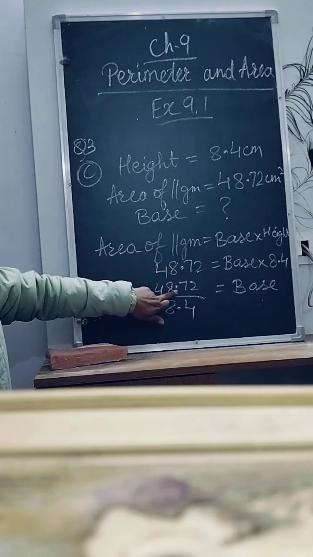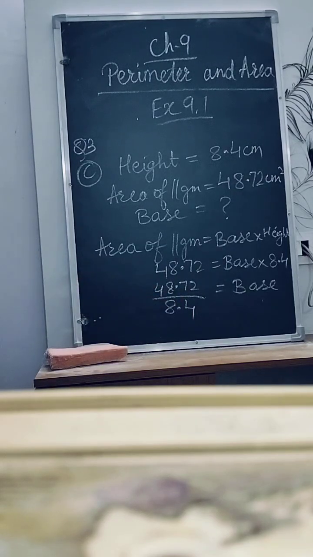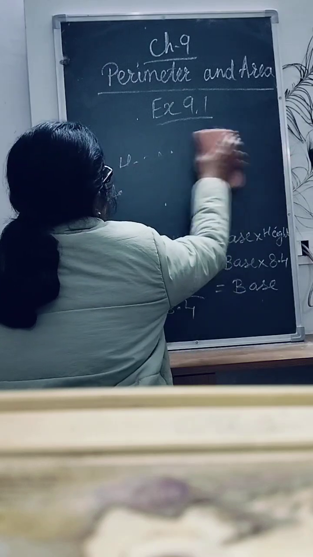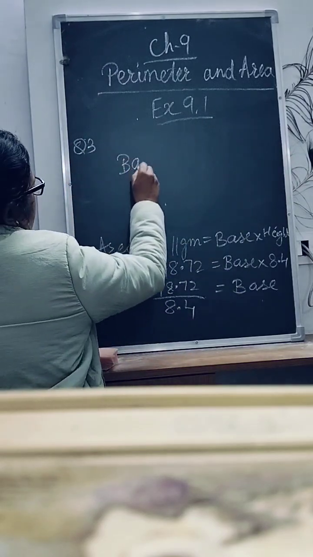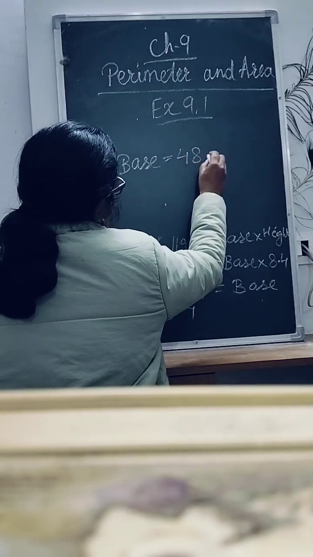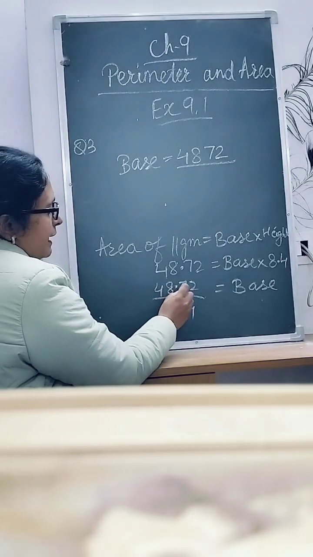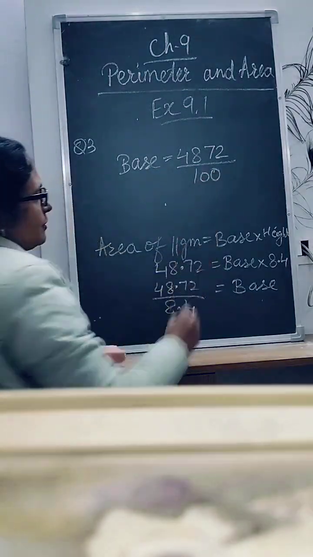Now next step students, what we will be doing, we will remove these decimals. Okay. Now let us move to remove the decimals. I am rubbing from the top. Now let us write 48. Now I am removing this because after the decimal we are having two digits, 7 2, so we will be placing two zeros.